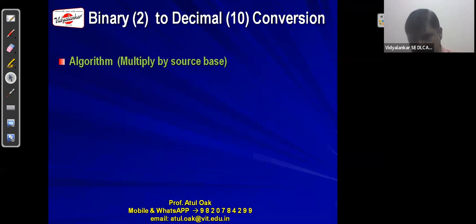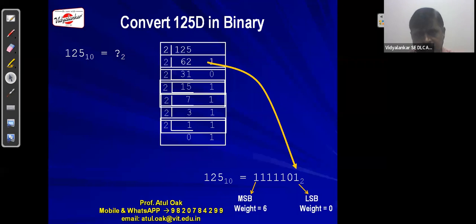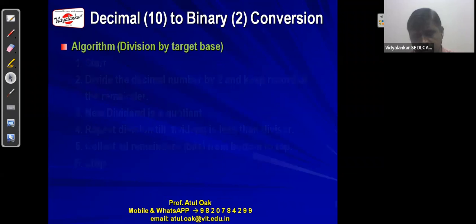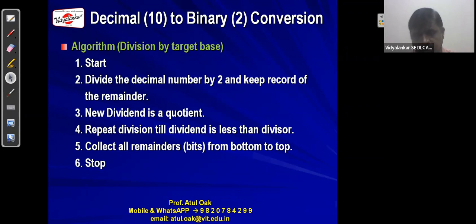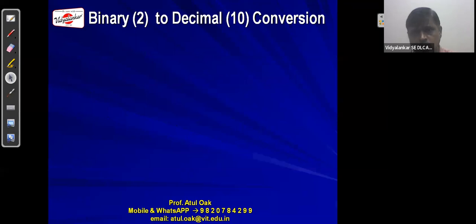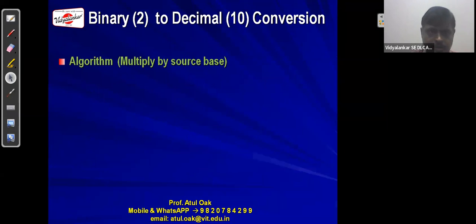By common sense you will agree that when I'm trying to convert decimal to binary, my algorithm is division by 2, because that's the target binary system. And when I want to go from binary to decimal, division will become multiplication. It's like a compensation.